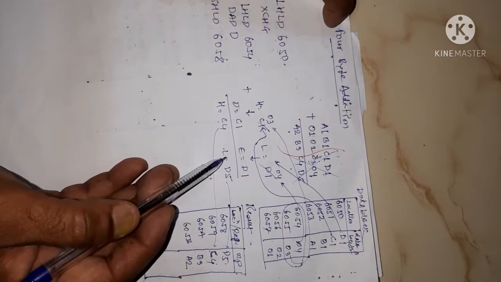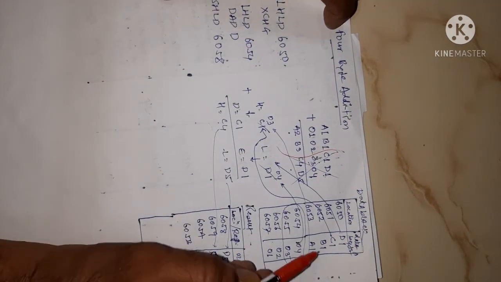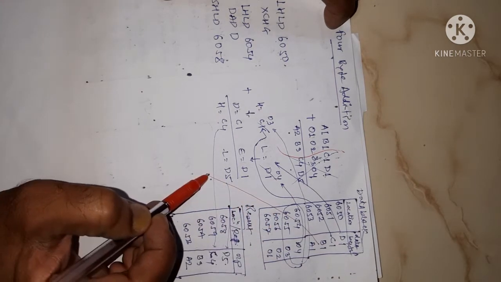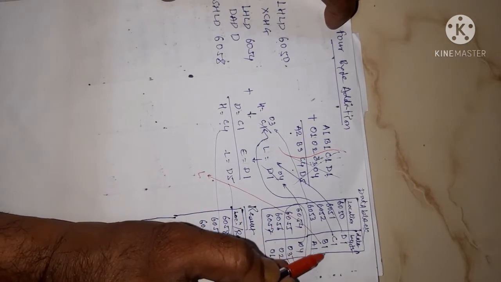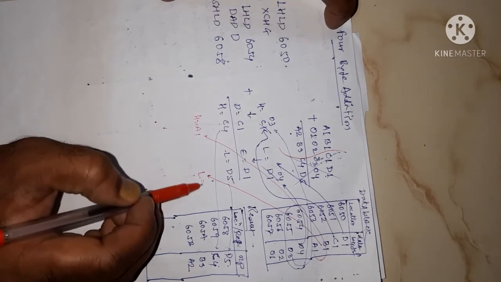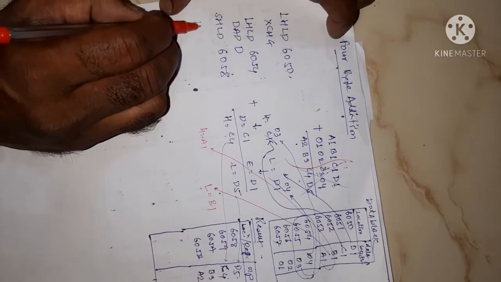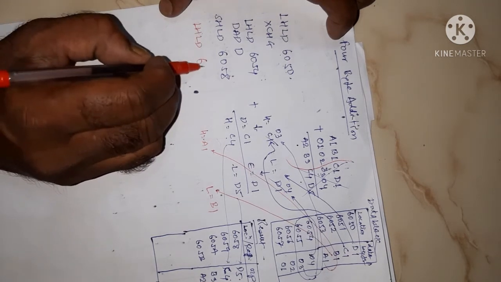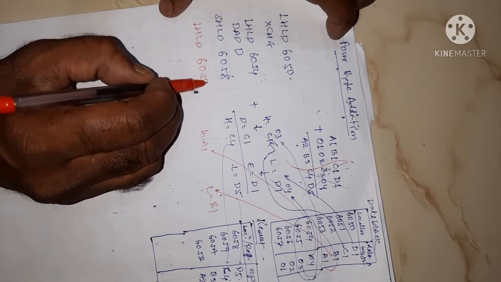Same process again. A1 B1 is available here, so B1 should be taken in L, A1 should be taken in H, and that can be done by using the instruction LHLD 6052.